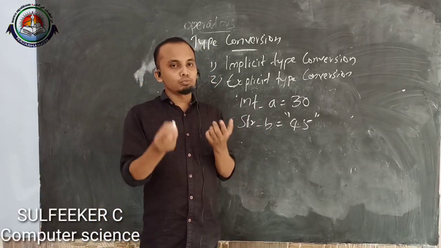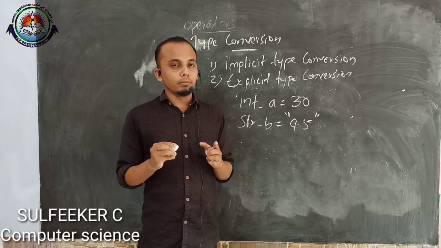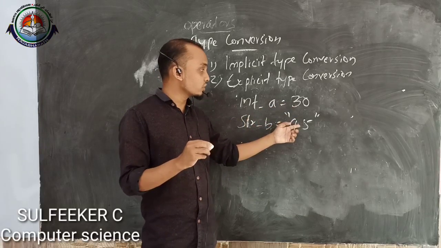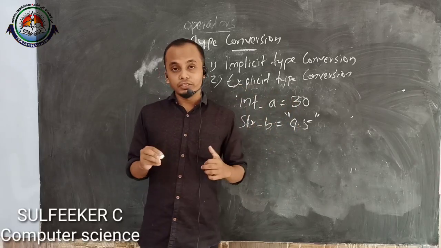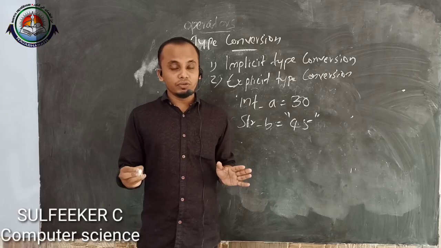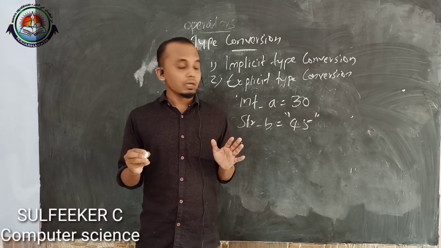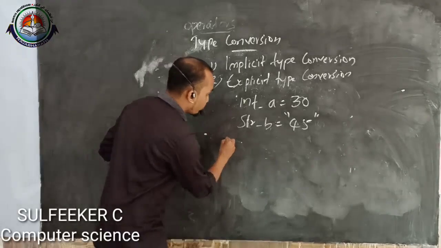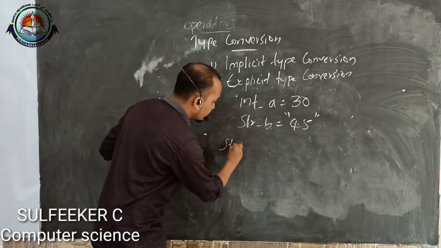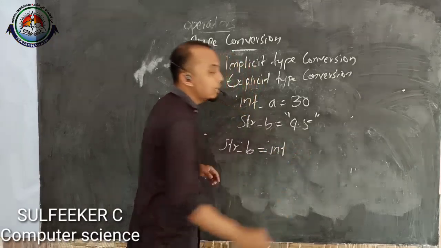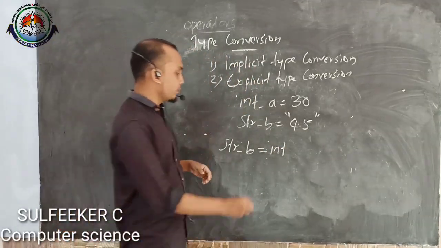When we add these two, there will be an explicit type conversion. Why is it explicit type conversion? This is a string and this is an integer, so no automatic conversion takes place there. We can convert strb with the help of explicit type conversion.